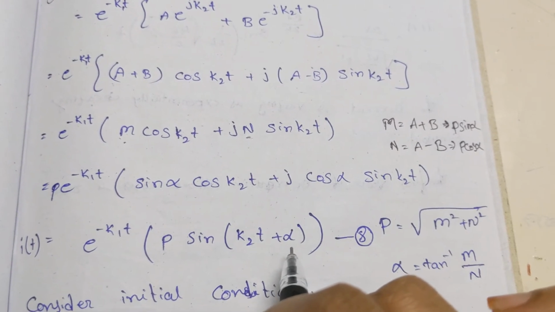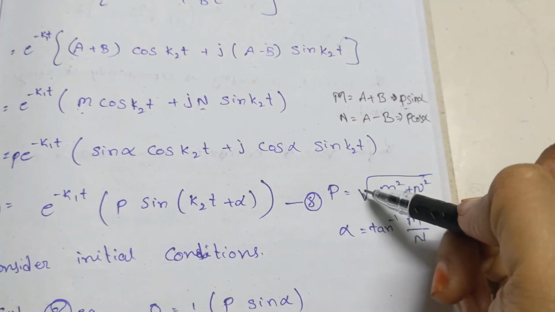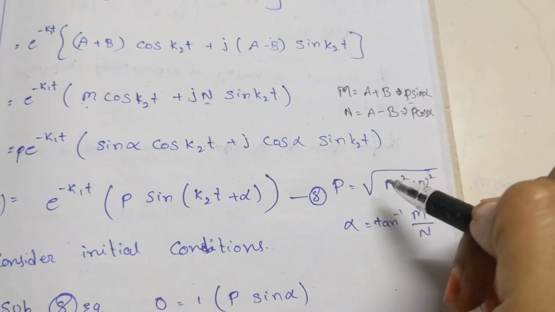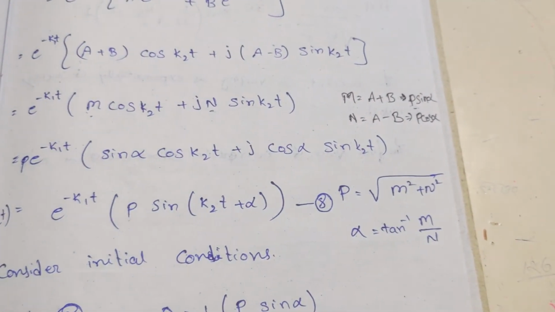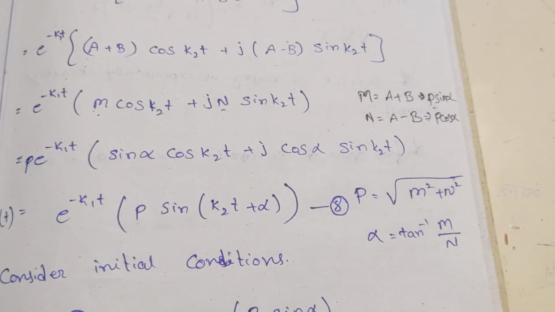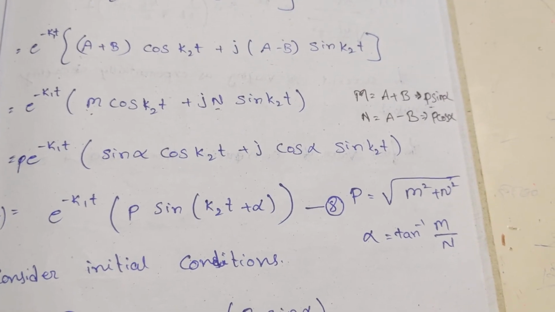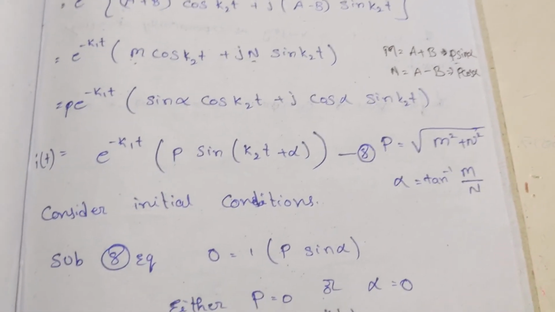Here alpha is an angle. What about p? P is the magnitude of m and n, the square root of m square plus n square. Alpha represents the phase angle difference, tan inverse of m by n.